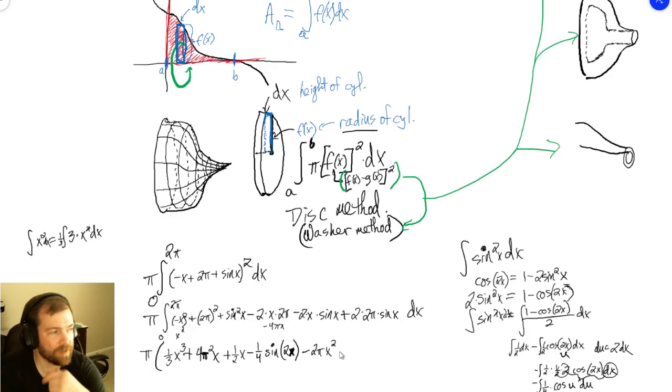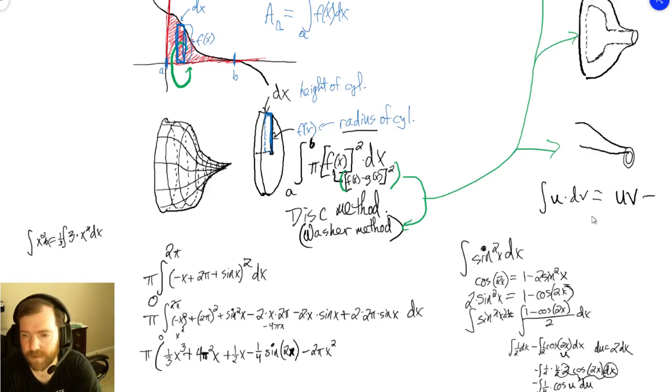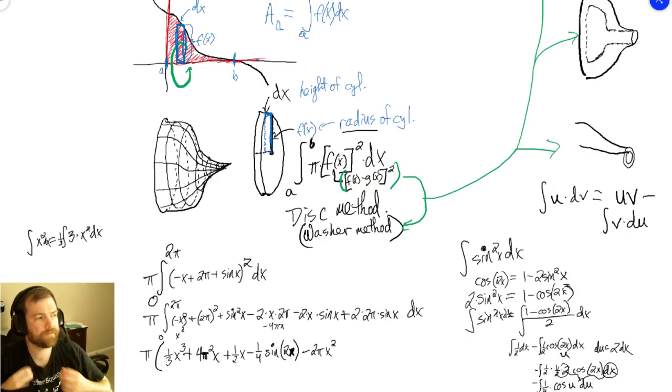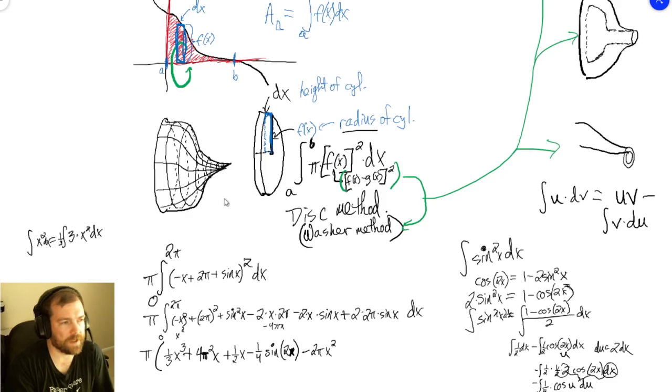Okay, so integration by parts is an interesting one. This says that if we have something like the integral of two functions, a u and a dv, then what we're allowed to do is take that and replace it with uv minus the integral of v du. So what does that do essentially?